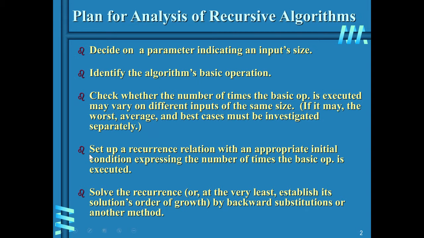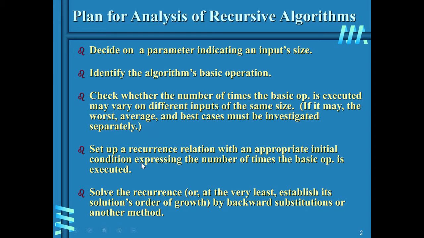Then let's check the next step. Set up a recurrence relation with an appropriate initial condition, expressing the number of times the basic operation is executed. Defining the recurrence relation is very important, and also very challenging, if we give you a problem or even an interview question.